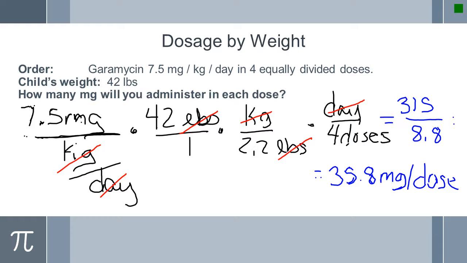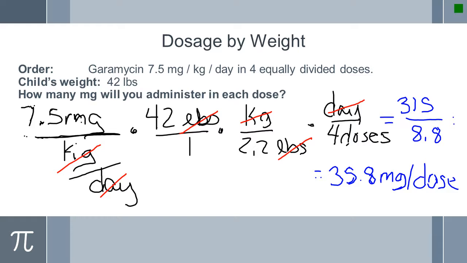So now I'm just going to do my math. And so what I have on the top is 7.5 times 42, which gives me 315. And then on the bottom, I have 1 times 2.2 times 4, which gives me 8.8.